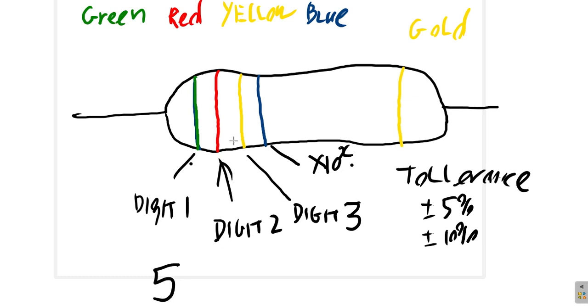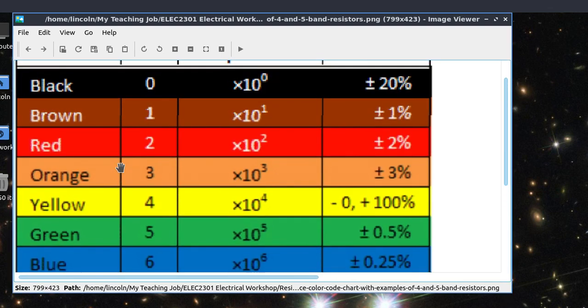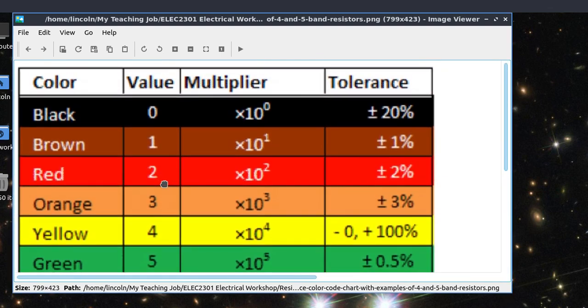Then the second digit, the second color, is red. What digit represents red? Let's see. That's from the table, that's 2. So you'll find these resistor color code tables in various places on the internet and in books. Alright?